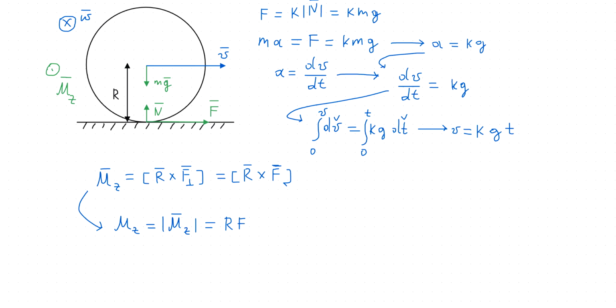It will be equal to R F times sine of 90 degrees, because the angle between vectors R and F is 90 degrees, and it will be R F.